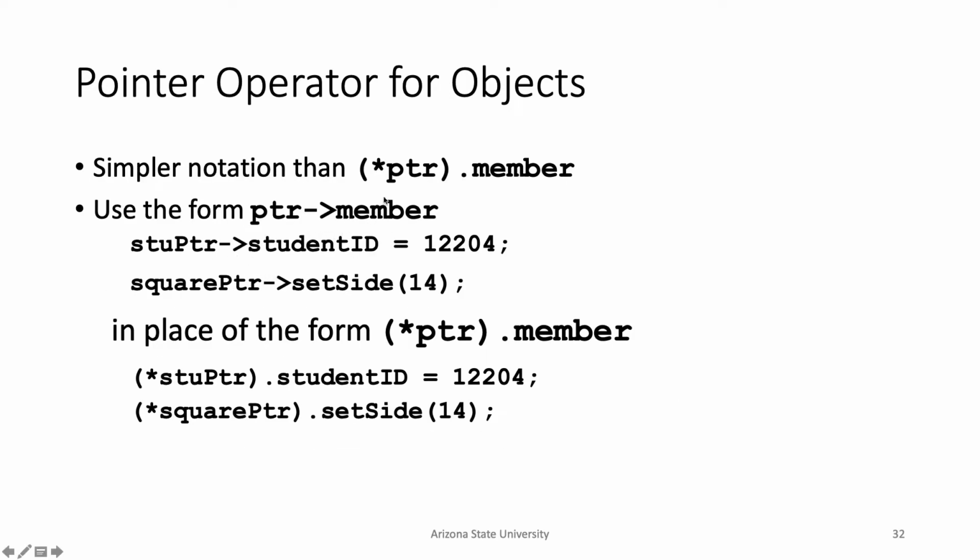But sometimes if you don't want to do the dereference parentheses then the dot to access some function or some variable, we can use the right arrow. It means exactly the same thing. So if you have a pointer to an object, you use the right arrow instead of dereference and the dot, but they do exactly the same thing.